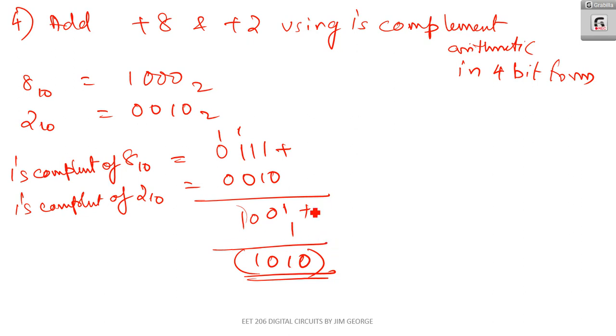So the answer is 1010, and if the answer is 1010, what you can get is 10 to the base 10. And here this is positive. Now see here, if both numbers are positive, no need to take care of the MSB part.